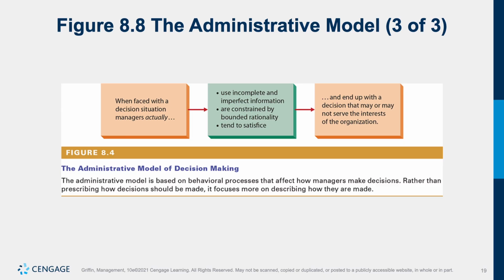Satisficing would be, for instance, in hiring a candidate, not having complete information on all eligible candidates, so they just go with the first candidate. Basing their decision on incomplete and imperfect information means they may end up with a decision that may or may not be in the best interest of the organization.